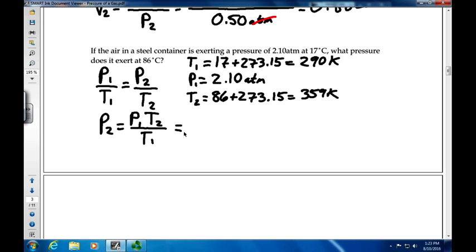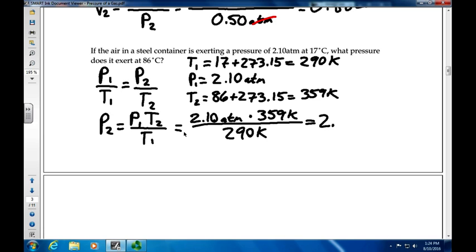And that gets us 2.10 atmospheres times 359 K all over 290 K. And when you do the arithmetic out, you end up with 2.60 atmospheres.